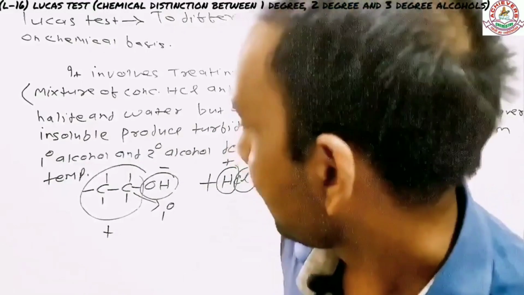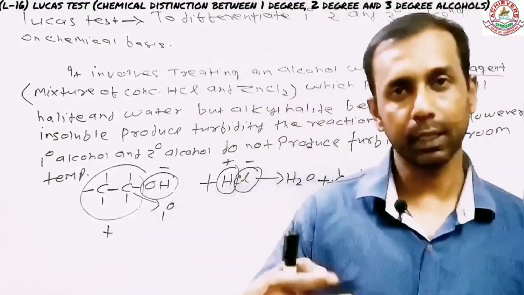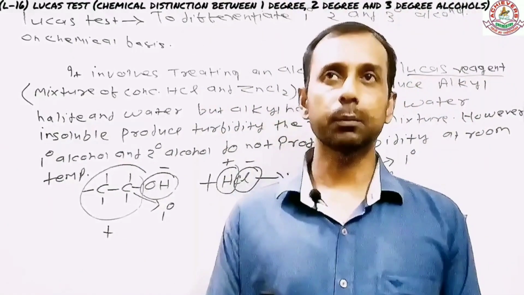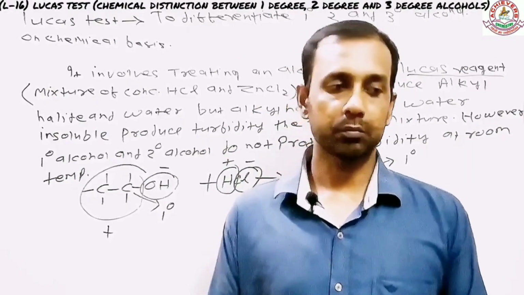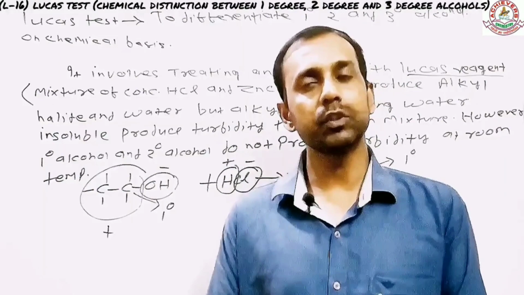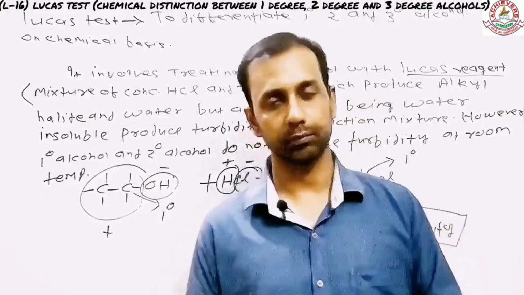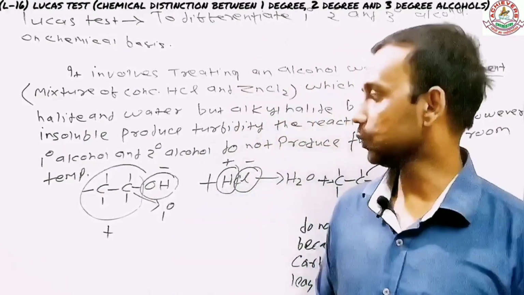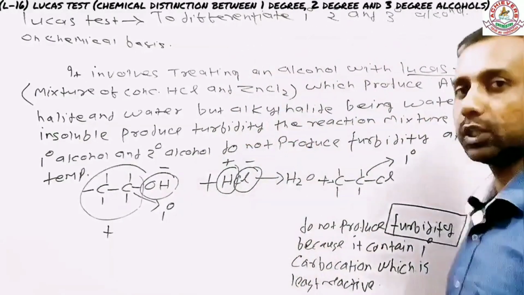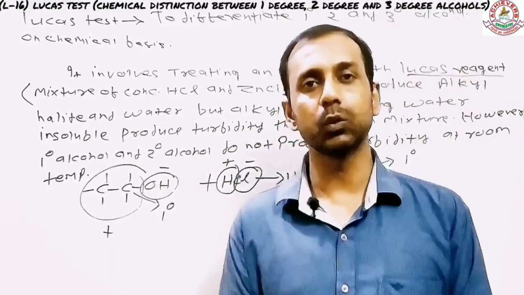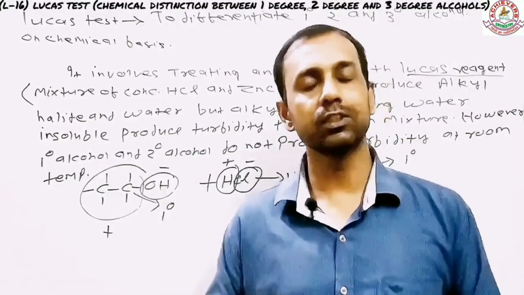Let me explain what turbidity is. This might have been quite a suspense for you. Turbidity is nothing but a kind of cloudy development over the solution. So in primary alcohol, due to the reaction, there is no turbidity, no cloudy development, no thickness increasing in the solution.